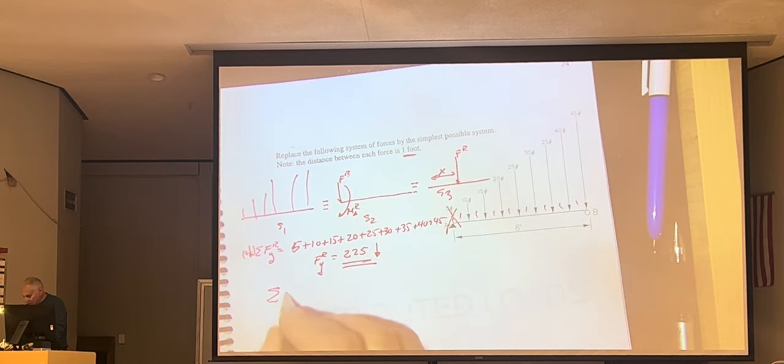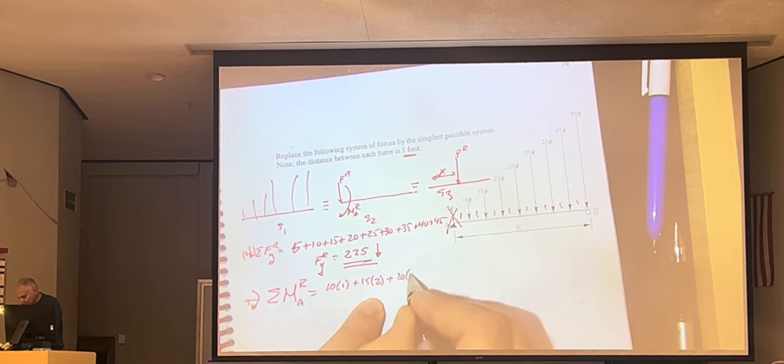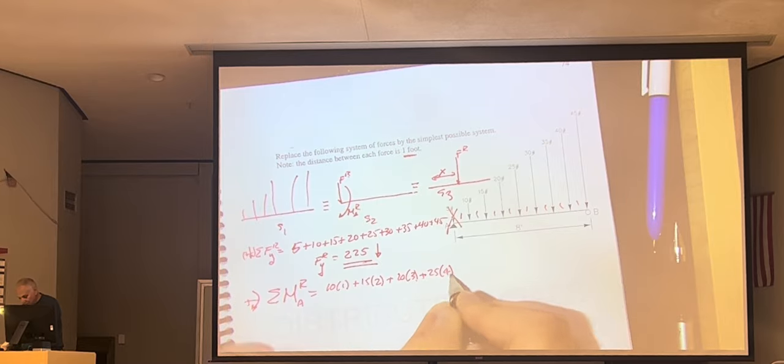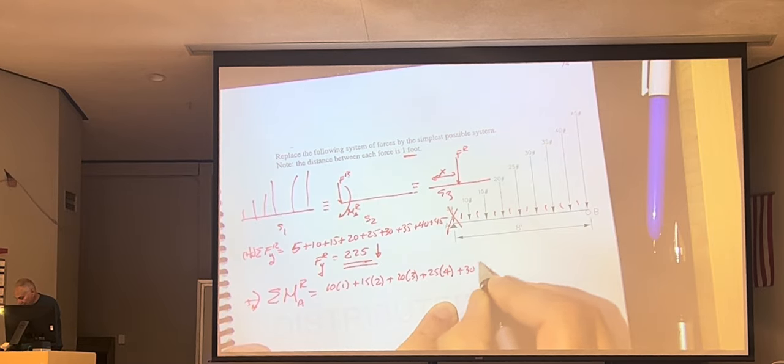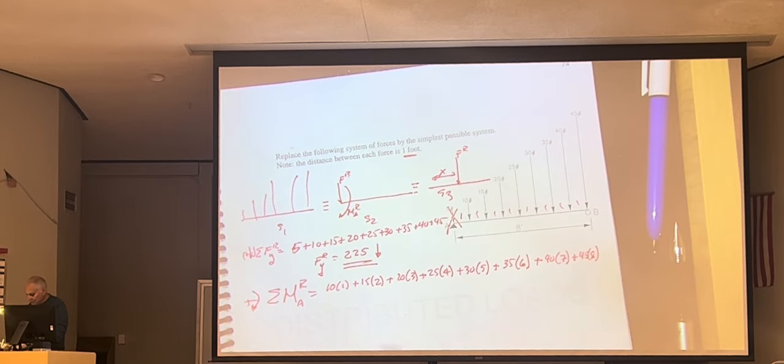So I'm going to say some moment A resultant, clockwise positive. That's going to be 10 times 1 plus 15 times 2 plus 20 times 3 plus 25 times 4 plus 30 times 5 plus 35 times 6 plus 40 times 7 plus 45 times 8.